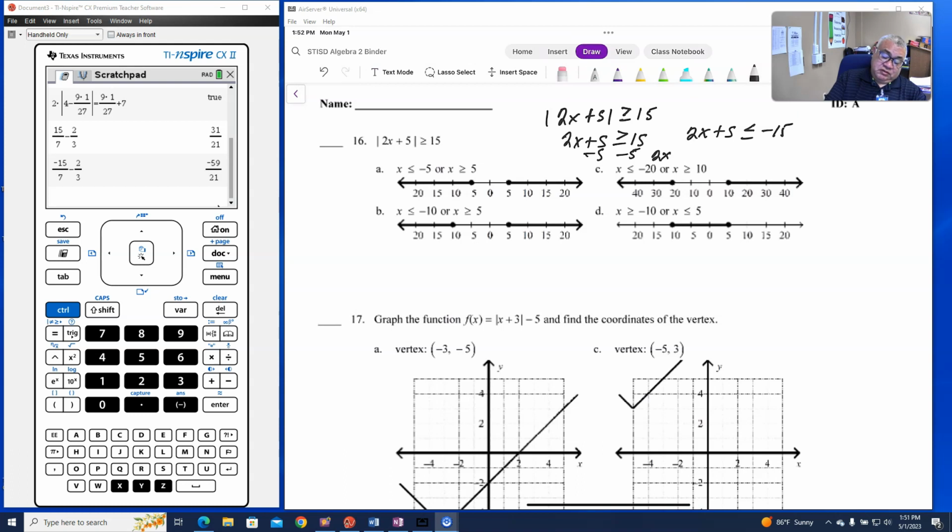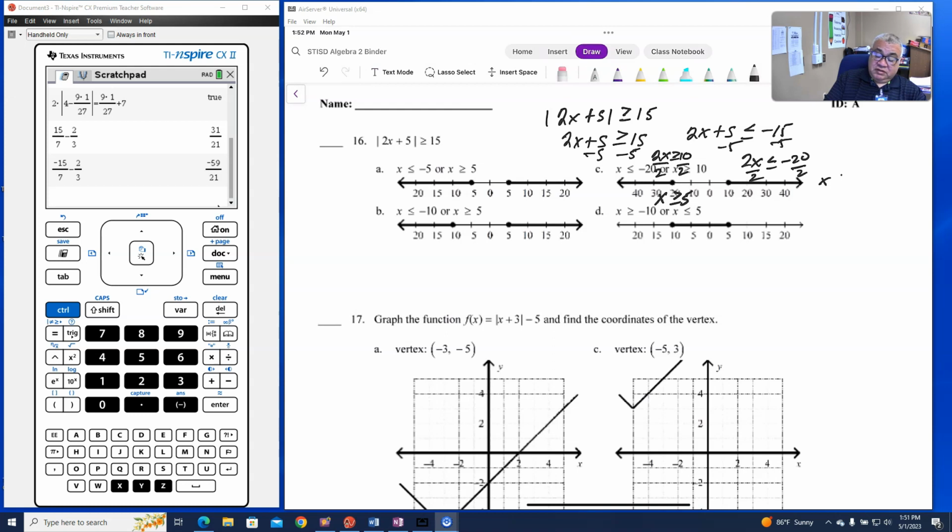So you have 2x is greater than or equal to 10. Divide by 2. So x is greater than or equal to 5. This one we subtract 5, so we have 2x is less than or equal to -20, divided by 2.